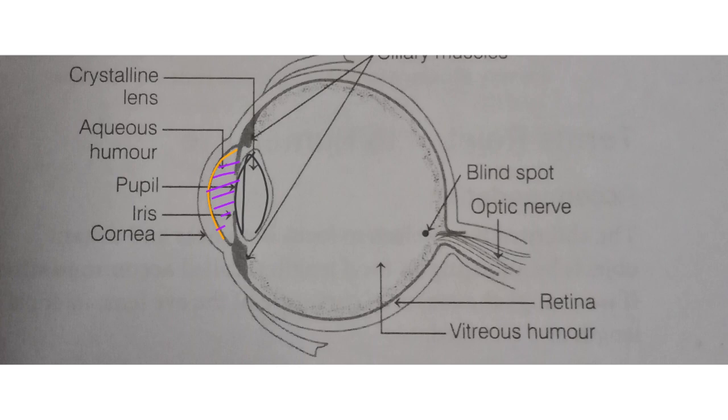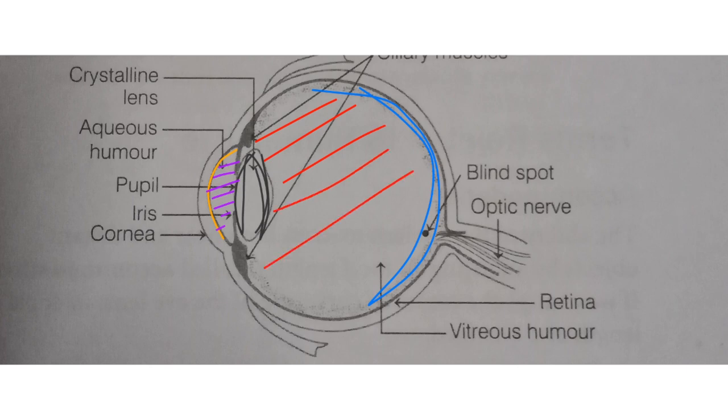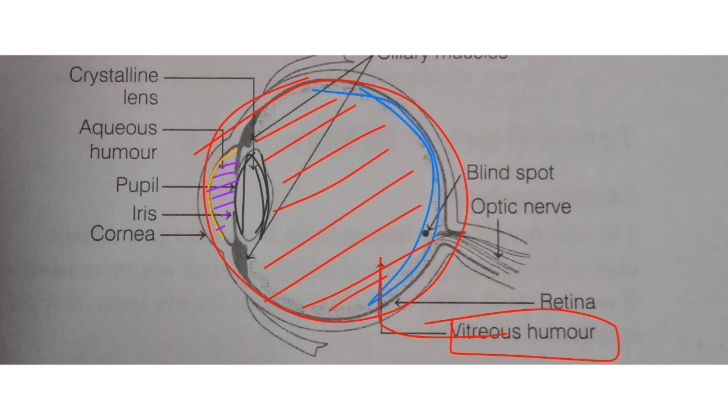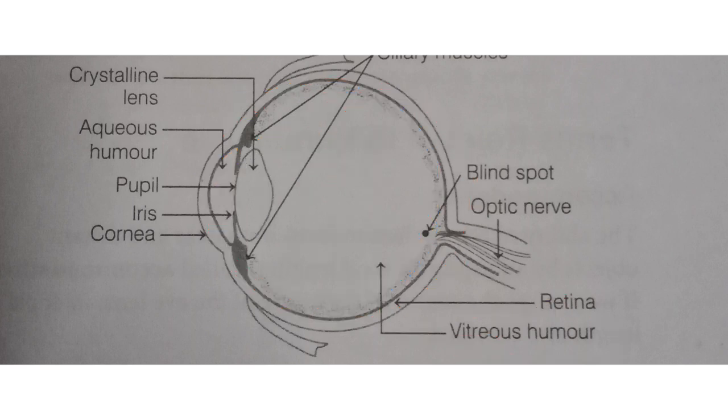Similarly, the space between the eye lens and retina, this is retina, is filled with another jelly-like fluid, which is vitreous humor. Okay, this is vitreous humor. Now the function of vitreous humor is to maintain the shape of eye. Our eye is spherical in nature. To maintain this shape, we have a liquid called vitreous humor.